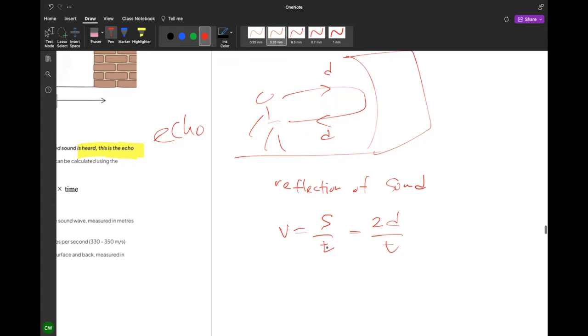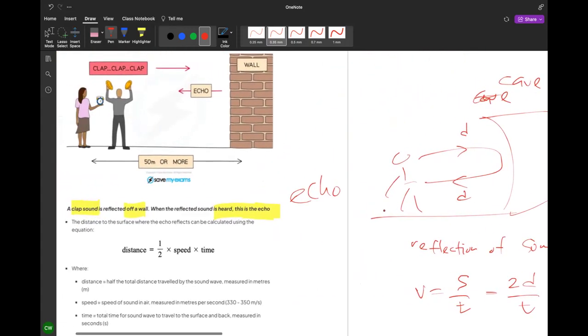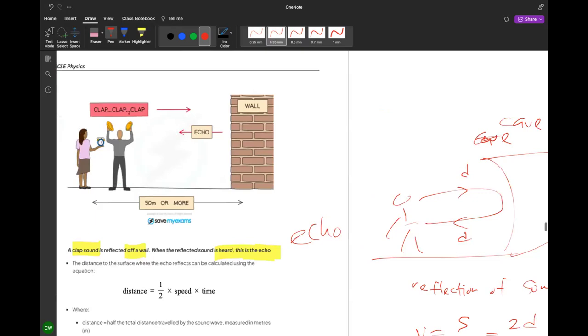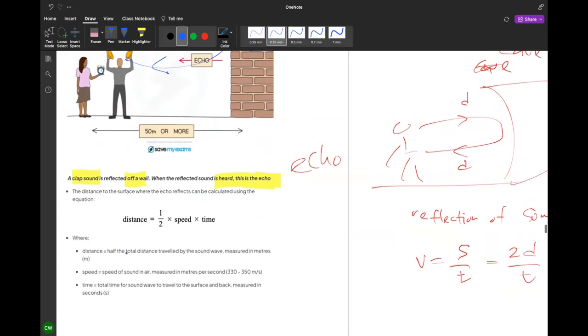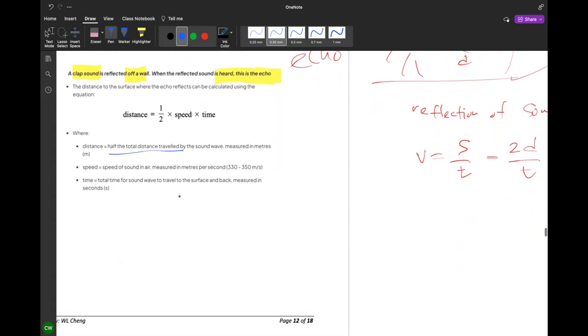So the experiment will be: when you clap, the sound wave will come here, hit the wall, and then be reflected back. So when you hear the sound, the formula is v = 2d over t.